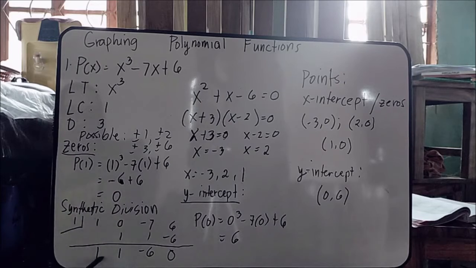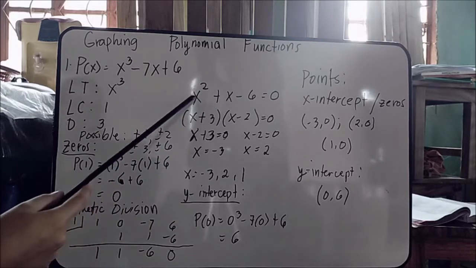So bring down 1. 1 times 1 is 1. Then add 0 and 1, that is 1. And multiply times 1, that is 1. So negative 7 plus 1 is negative 6. Negative 6 times 1, that is negative 6. So negative 6 and 6, that will equal to 0. So this is already our reduced equation.